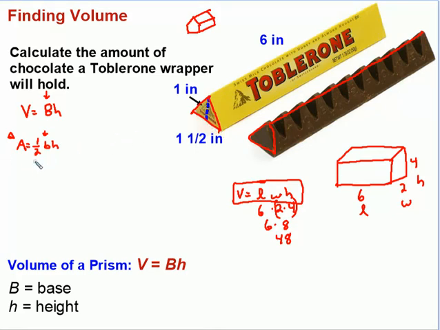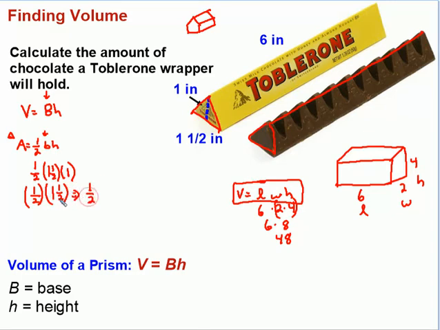1/2 times the base times the height. We have 1/2, and we know our base is 1 1/2 inches, so times 1 1/2. And then we multiply that by 1. That's pretty easy. 1/2 times 1 is just 1/2, and 1 1/2 times 1 is just 1 1/2. Now you can probably figure that out in your head, but let's go ahead and do the calculations here.